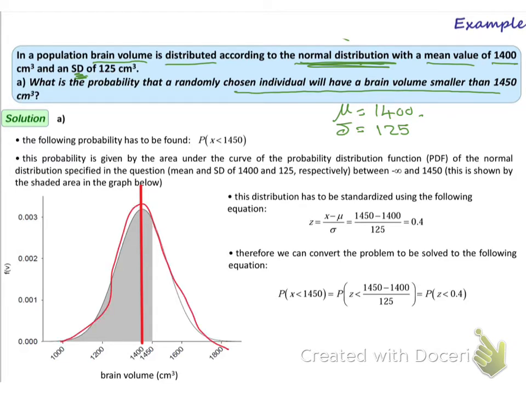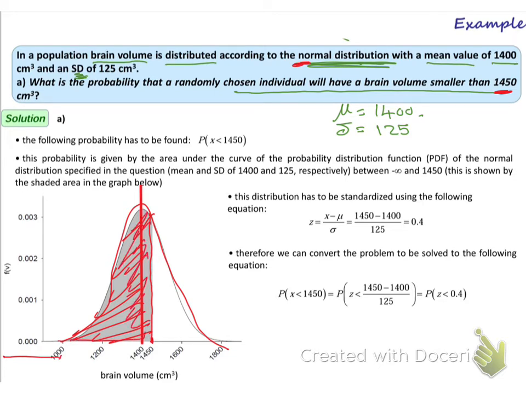This is the normal curve, not the standard one. He asks what is the probability that the individual has a brain volume smaller than 1450. So I come here, put 1450, and draw a straight perpendicular line up to the curve. This is all the area which I want, always the area from minus infinity on the left until we reach the point.